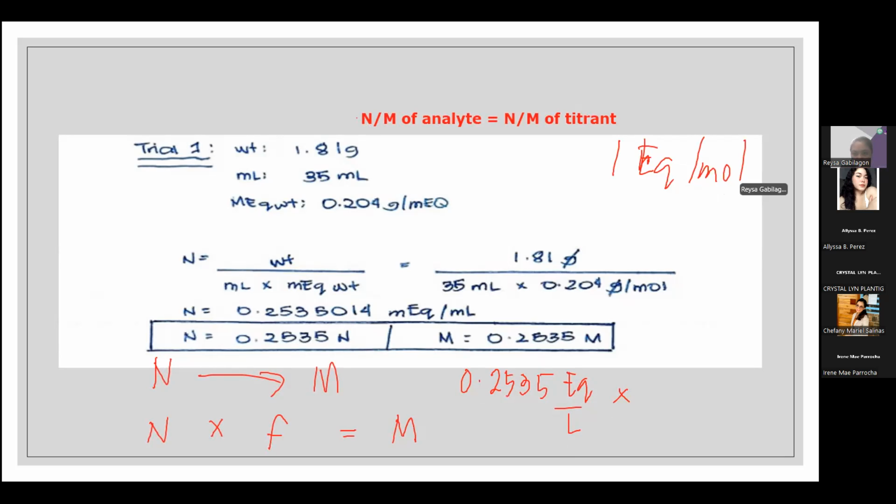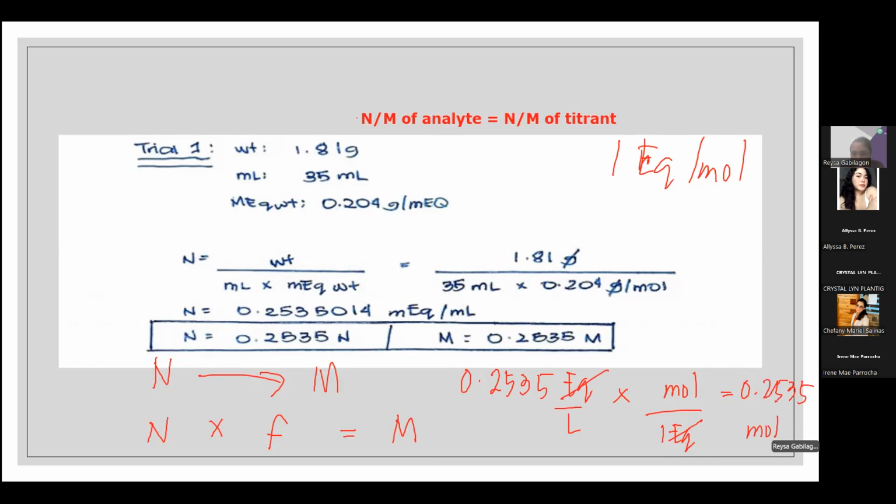Kasi hindi siya maka-cancel kapag ganito. So, in this case, baliktarin mo siya. Lagay mo yung 1 sa baba, and then dito ang mole sa taas. Okay? And then, cancel the equivalent. So, this time you get 0.2535.